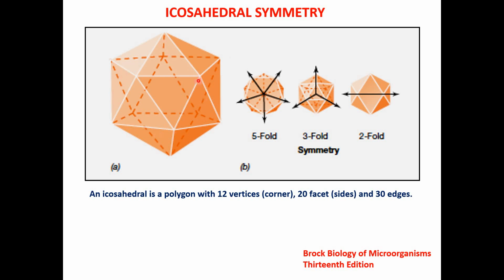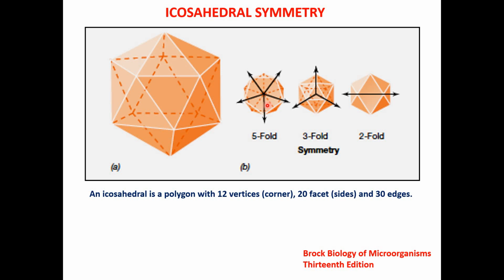So if this is the icosahedron, and you look from the upside, from this point, there are 5 planes through which we can divide the icosahedron into 5 identical portions: 1, 2, 3, 4, 5 identical planes by which we can divide the structure.